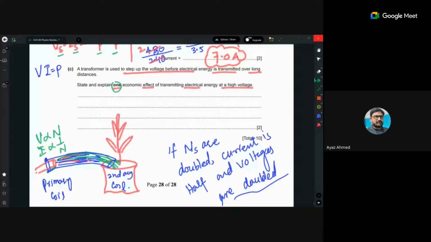So to transmit the energy at high voltages, I told you that by increasing the voltage, the current is decreased. When current is decreased, loss is decreased. The economic. So voltage increases.